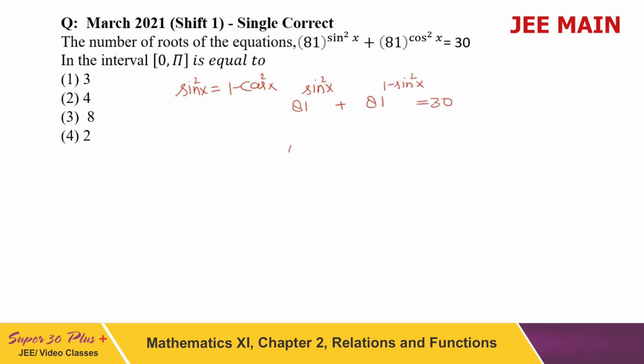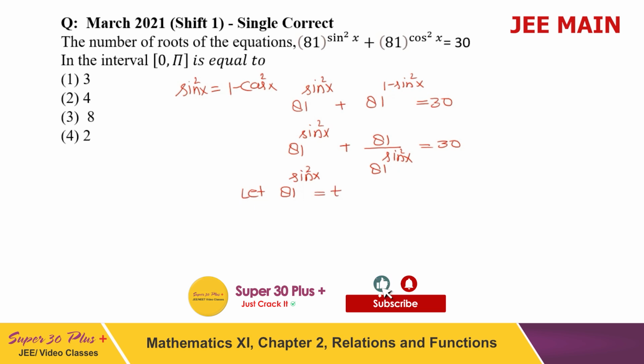Now simplify it. It is 81 to power sin square x plus 81 upon 81 to power sin square x is equal to 30. Now let 81 to power sin square x is equal to t. The equation will become t plus 81 by t is equal to 30.